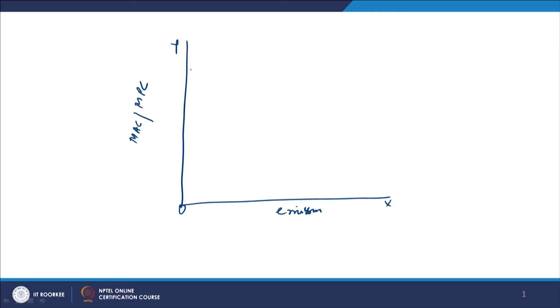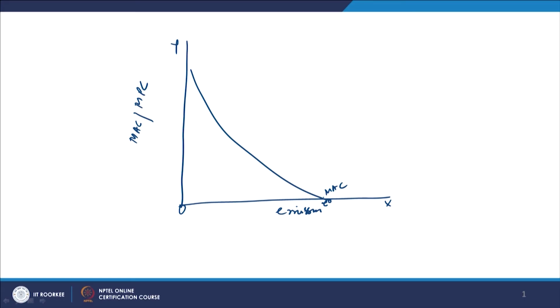Here, this is the marginal abatement cost curve. Now, this marginal abatement cost curve is touching the x axis. So, we can say that E0 is the maximum level of emission released by the firm if, for example, there is no regulation. So, maximum emission will be released.